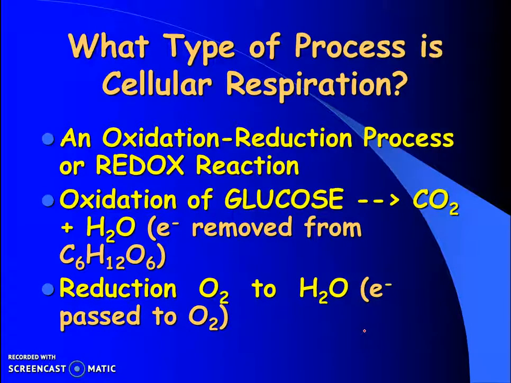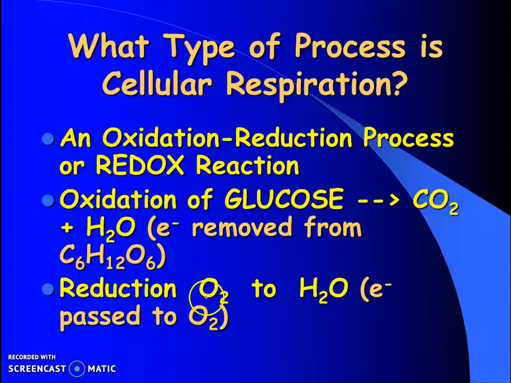So if we are talking about the redox reaction, what type of process is cellular respiration? It's a kind of redox reaction, that is, oxidation and reduction take place. Oxidation of glucose, and when the glucose is oxidized, that is, electron is removed from glucose, it gets converted into carbon dioxide and water.